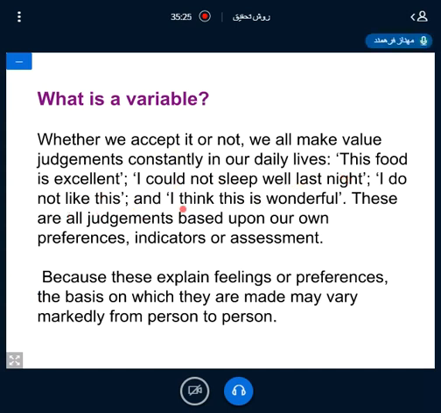I do not like this and I think this is wonderful. These are all judgments based upon our own preferences, indicators, or assessments, because these explain feelings or preferences. The basis on which they are made may vary markedly from person to person.